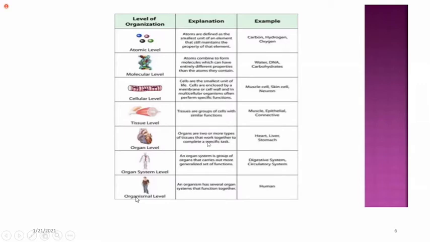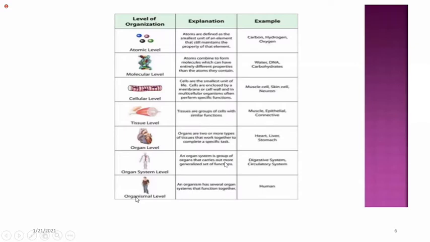So the heart, you can say, is an organ. The liver also has its own functions, and they combine together. An organ system is a group of organs that carries out a more generalized set of functions. So that is the organ system: digestive, circulatory, excretory, renal system, then the reproductive system of living beings. You have come across all this, and ultimately it leads to the formation of an organism, which has several organ systems that function together.